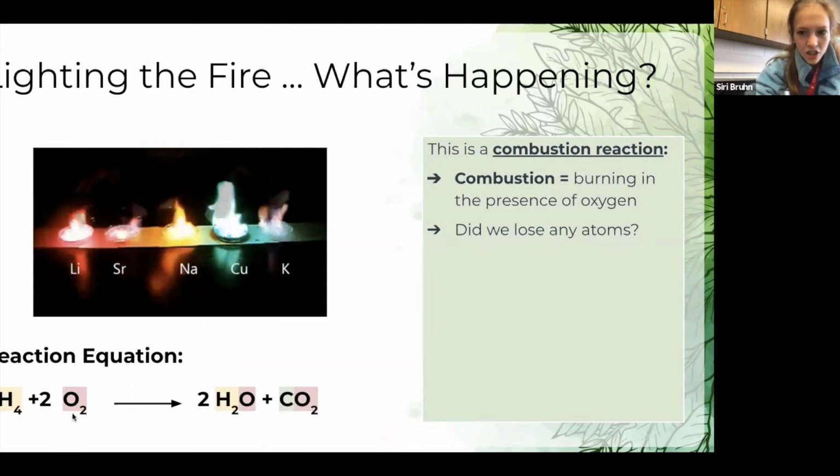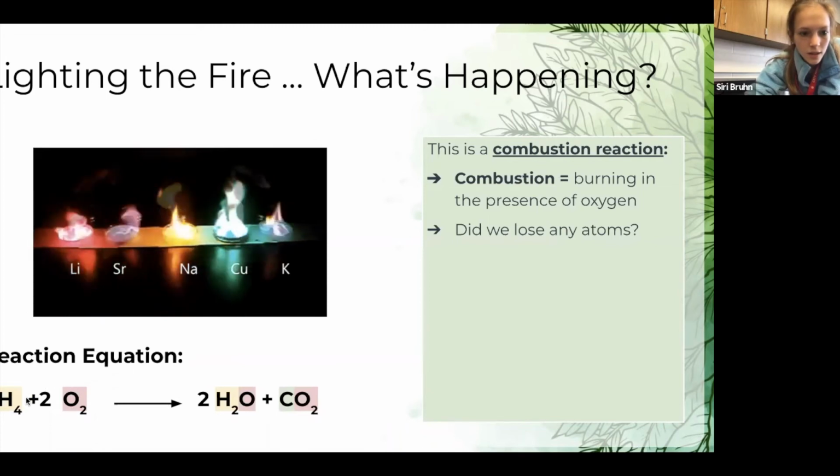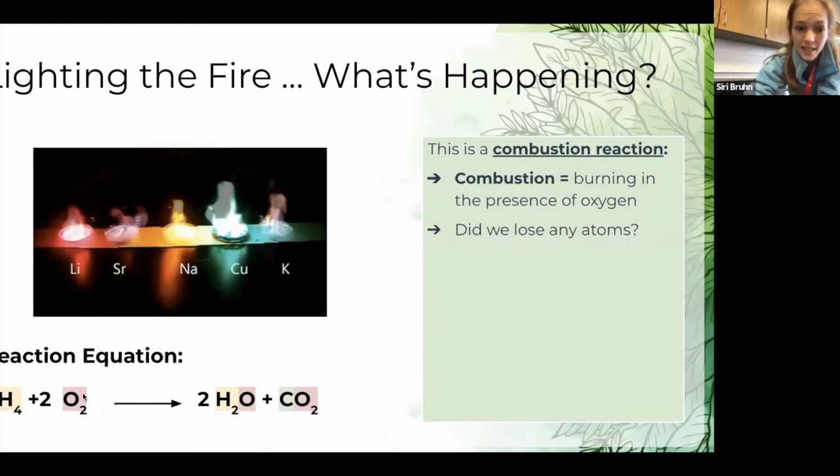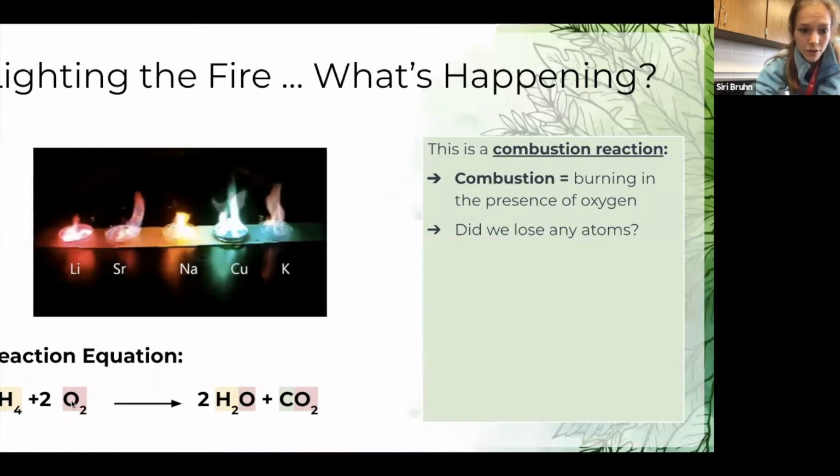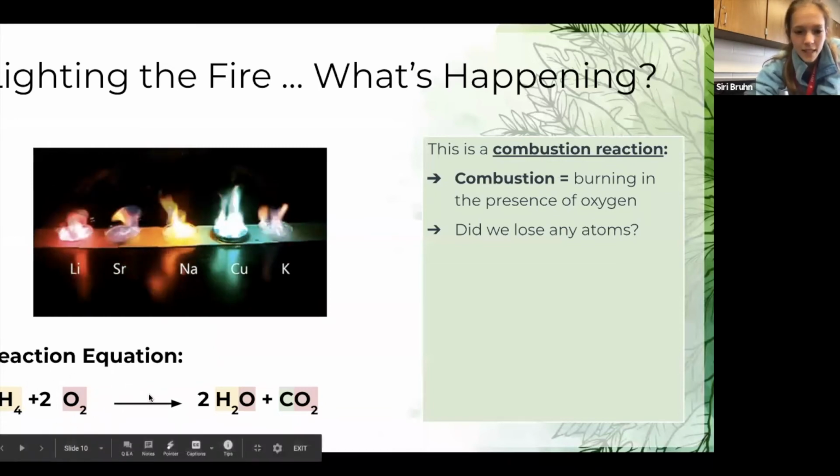How many oxygens do I have on the left? How many oxygens are there in 2 molecules of O2? It's not 2, because I've got 2 atoms in 2 molecules. So I've actually got 4. Yep, nice job.